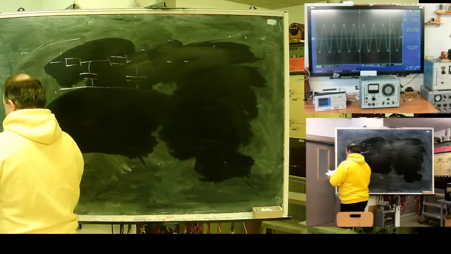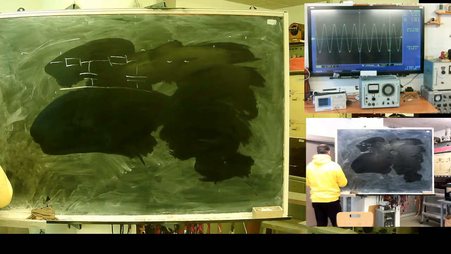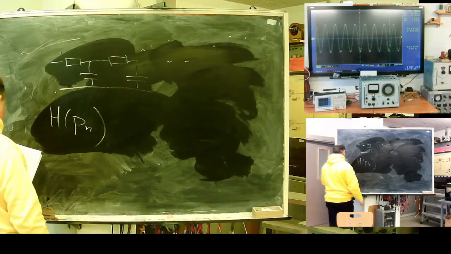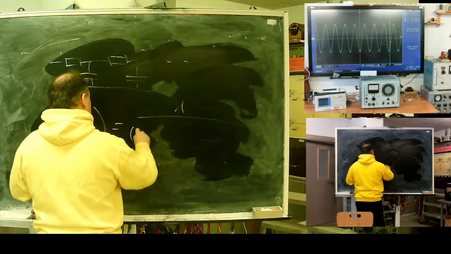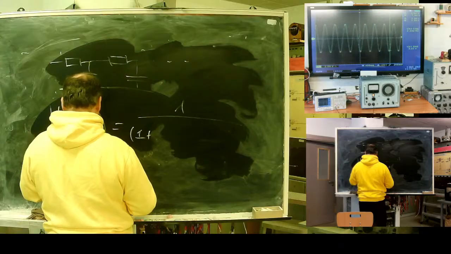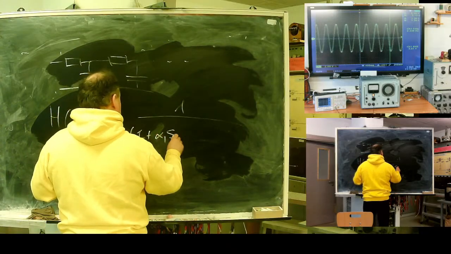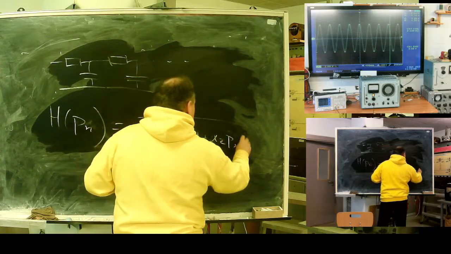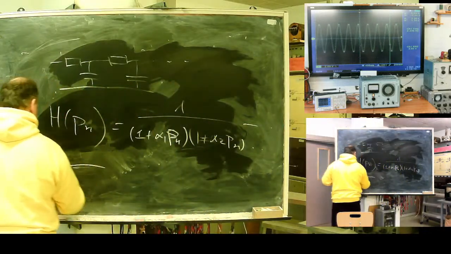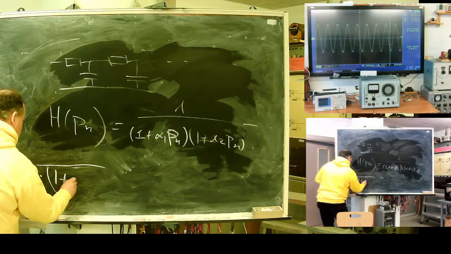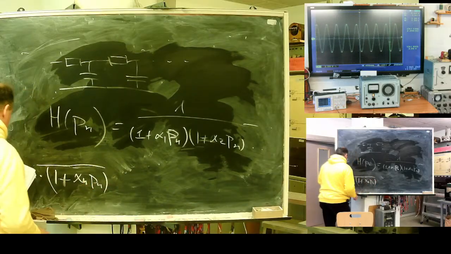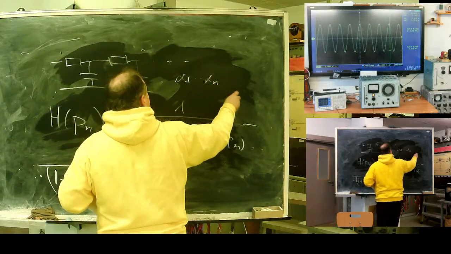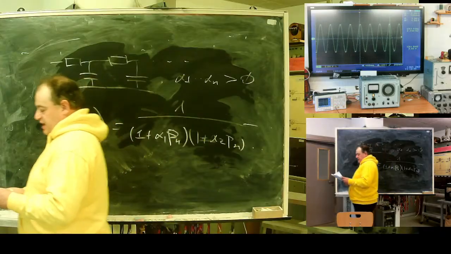In such a case, the transfer function as a function of normal frequency will become 1 divided by 1 plus alpha 1 Pn, times 1 plus alpha 2 Pn, and so on, up to 1 plus alpha n Pn. With all these, alpha 1 to alpha n are greater than 0, positive and real.